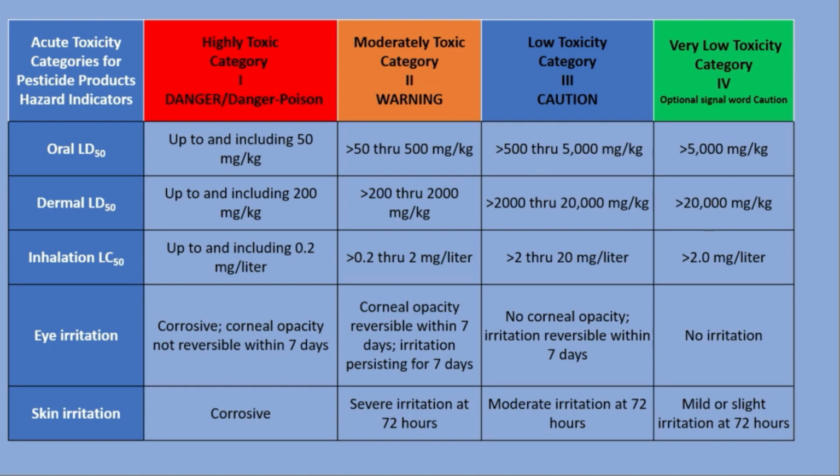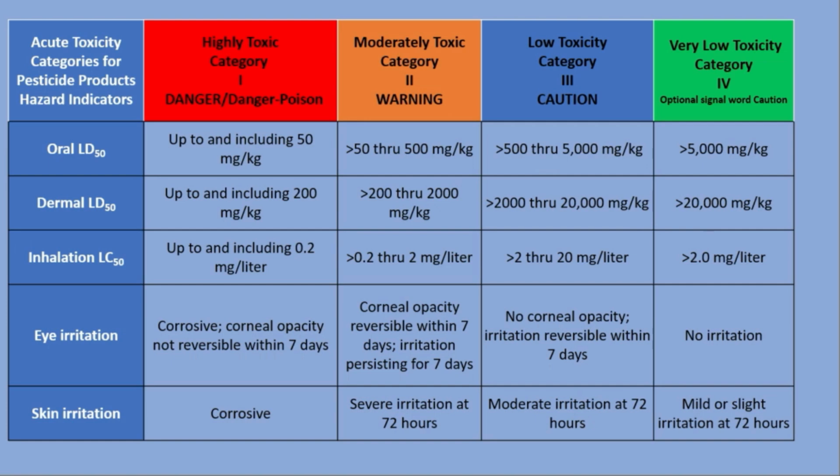If we look at dermal LD50 under category 3, low toxicity, category 3 caution, we're going to be greater than 2,000 through 20,000 milligrams/kilograms. And if we look at dermal LD50 under very low toxicity, category 4, optional signal word caution, it's going to be greater than 20,000 milligrams/kilograms.